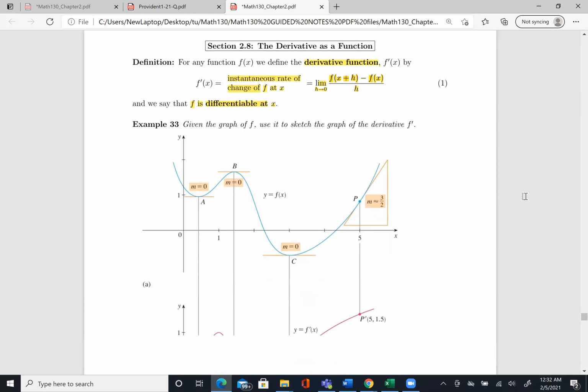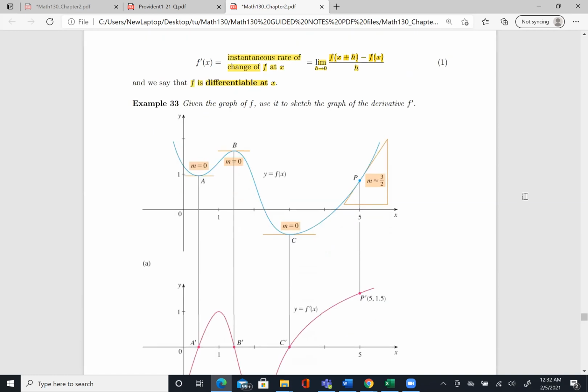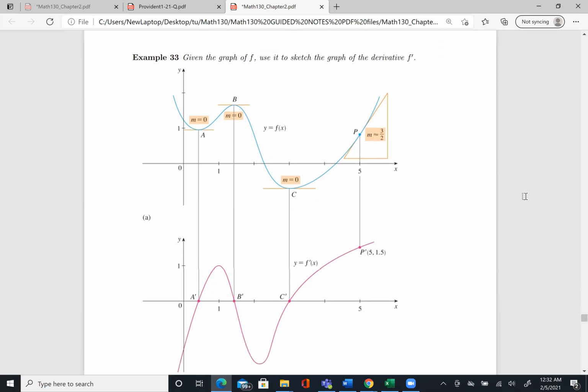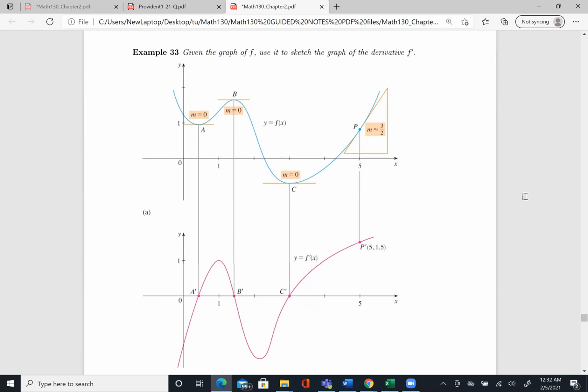Okay, so down here in example 33, we have two graphs. Let me move up a little bit. One graph is for f, the blue one, and the other graph is for f derivative of x. So here's f of x, and here's the f derivative of x.